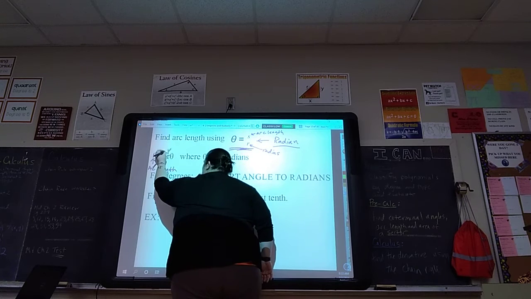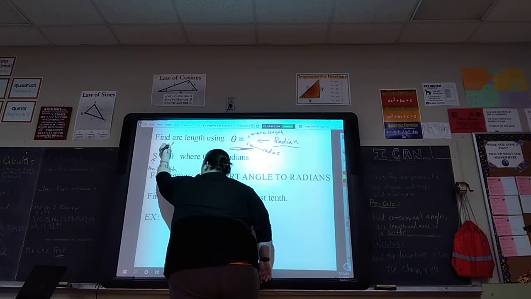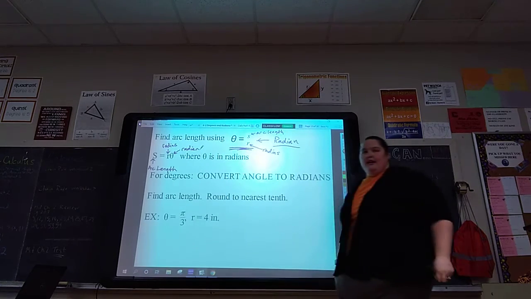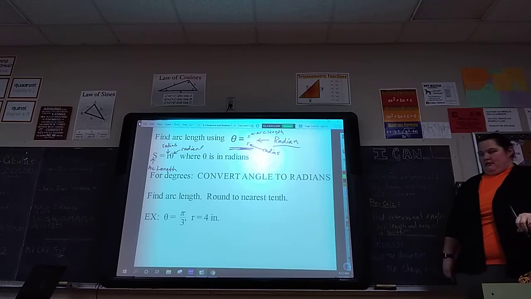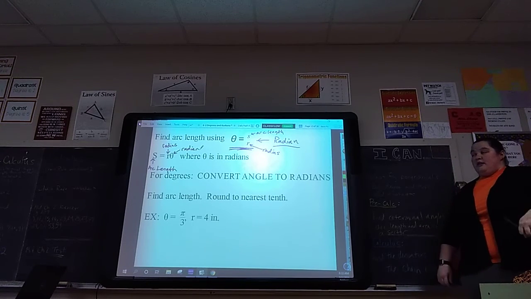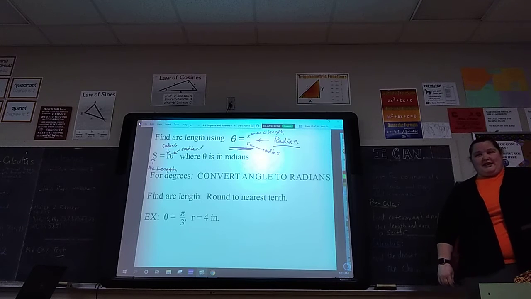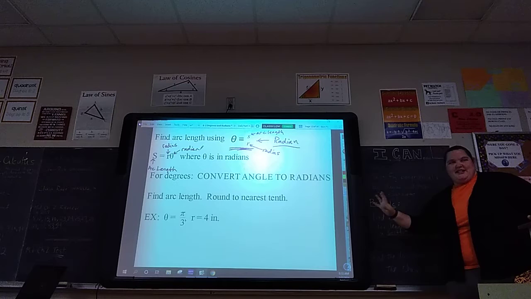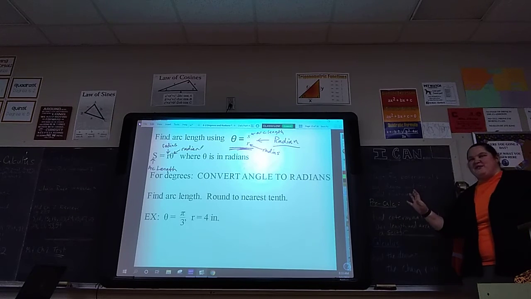So R is still radius, and the theta is the radian measurement of that angle. So this only works if your angle measurement is in radians. I was yelling when I typed this, but I did want to emphasize.